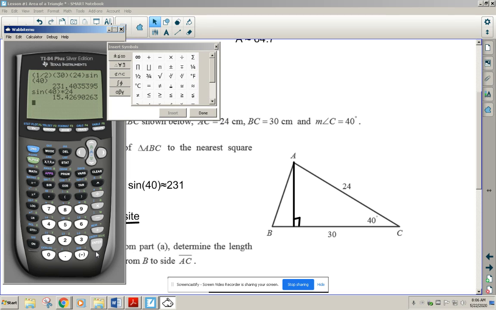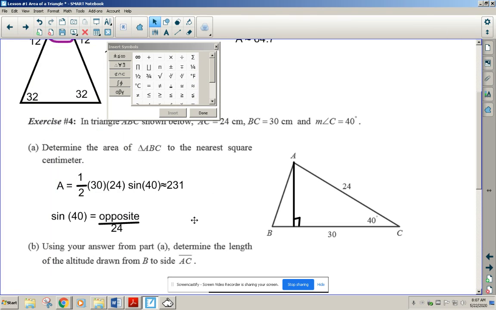They don't tell me to round, and guys, that's the key. If they don't tell you to round, this entire answer is what they want. They want this 15.42690.263.